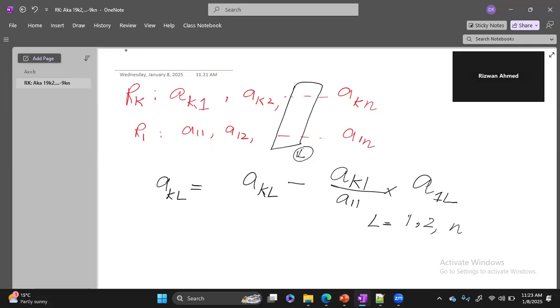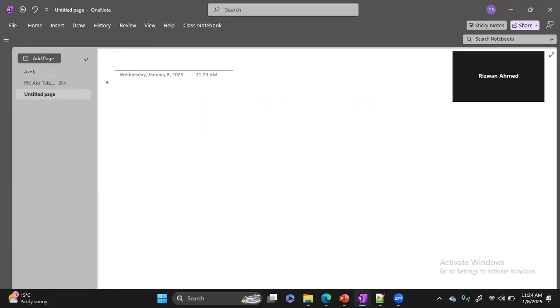So this is something we do for bringing all the elements to 0 below a11. Then the structure of the matrix will be, we will have a11, a12 and so on, first row as it is, right? And by the way, while solving this, we have to correspondingly update the entries of the B column vector, because we are solving the Ax = b system.